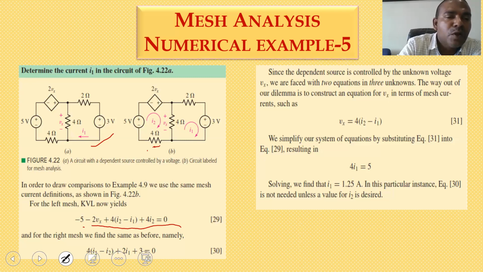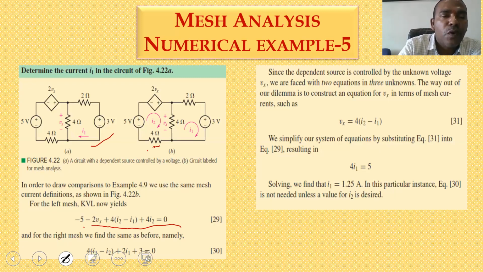So minus 5 minus 2Vx plus 4 times (I1 minus I2) plus 4 times I2 is equal to 0. So two sources are there, minus 5 and minus 2Vx. The 4 ohm resistor is a combination of two currents.